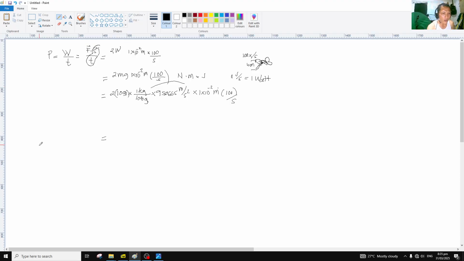And so the answer in 3 significant figures would be 0.196 watt. Okay? Dinivide ko na ng 1,000. So that would be 0.196 watts.